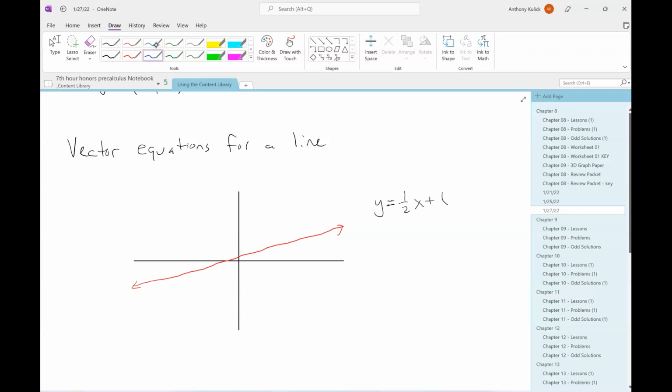So one thing I can do with an equation of a line like this is pick a value for x, plug that in and generate a value for y, which will tell me the points that lie on this line, right?